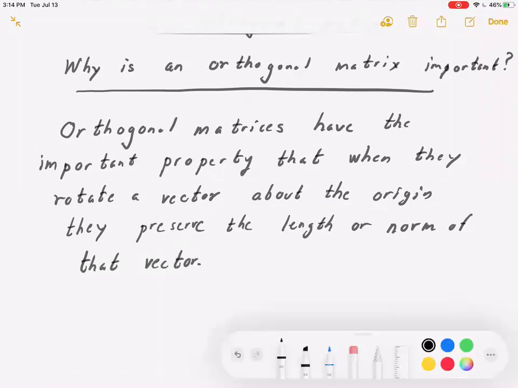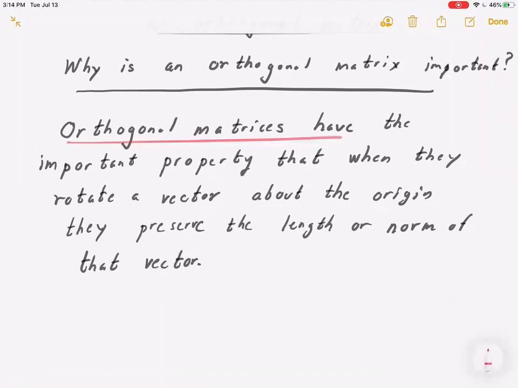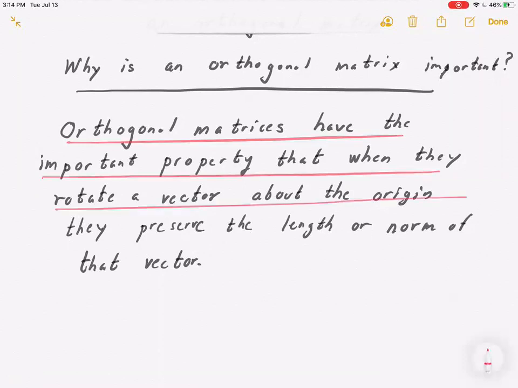So let's highlight that. So orthogonal matrices have the important property that when they rotate a vector about the origin, they preserve the length or norm of that vector.